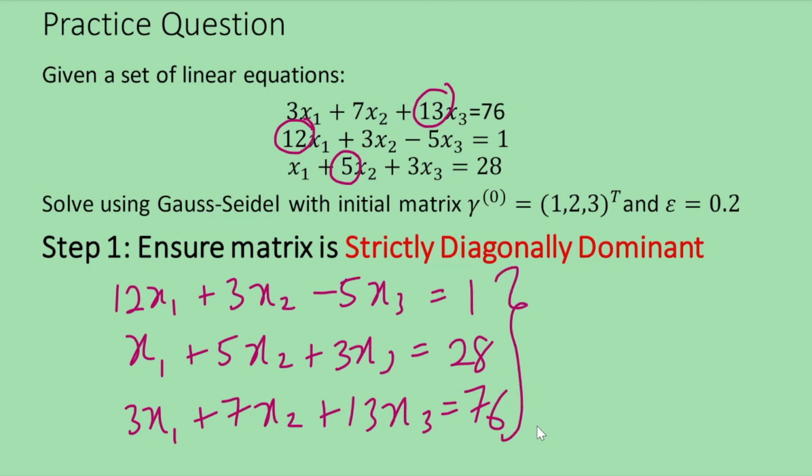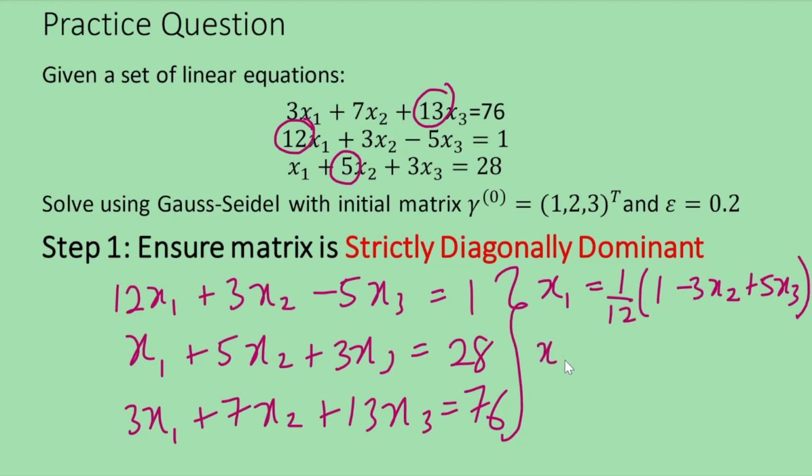And now from here, I could get the set of the iterative formulas, right? So x1 could be written as 1 minus 3x2 plus 5x3, divided by 12, or multiplied by 1 over 12.